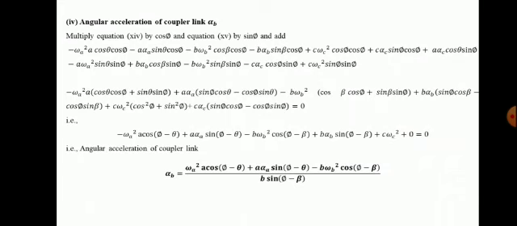Alpha b is equal to omega a square a cos(phi minus theta) plus a into alpha a sin(phi minus theta) minus b omega b square cos(phi minus beta) divided by b into sin(phi minus beta).